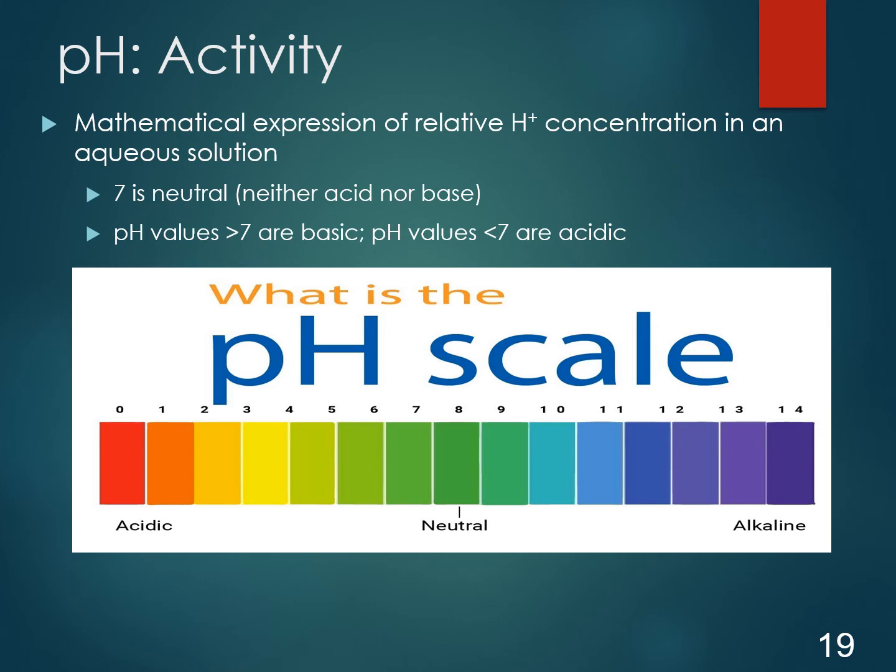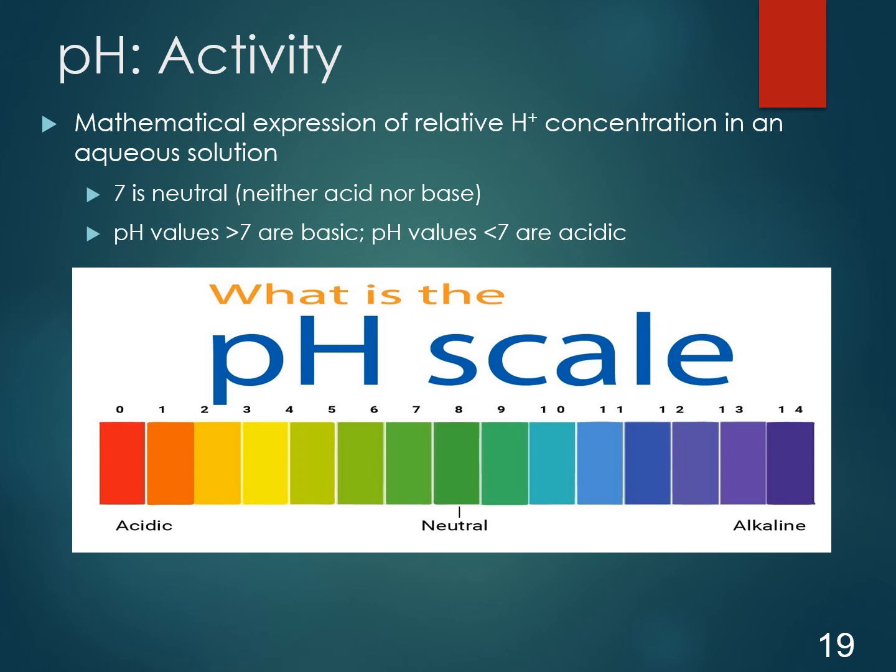Now, what if we move from a pH level of 6 to a pH level of 3? How many times are we increasing the hydrogen ions? If you said by a factor of 1,000, you would be correct.